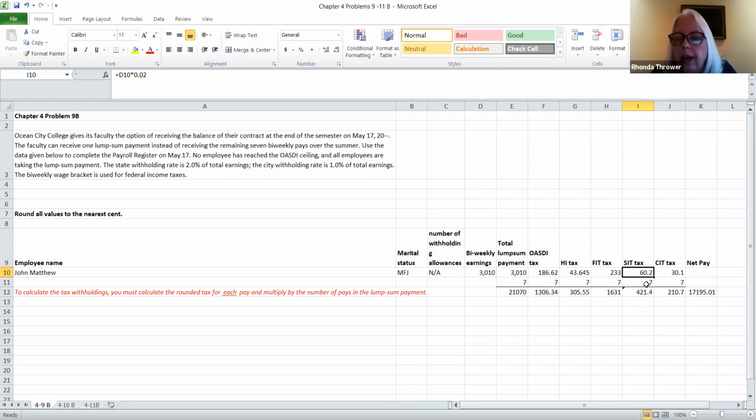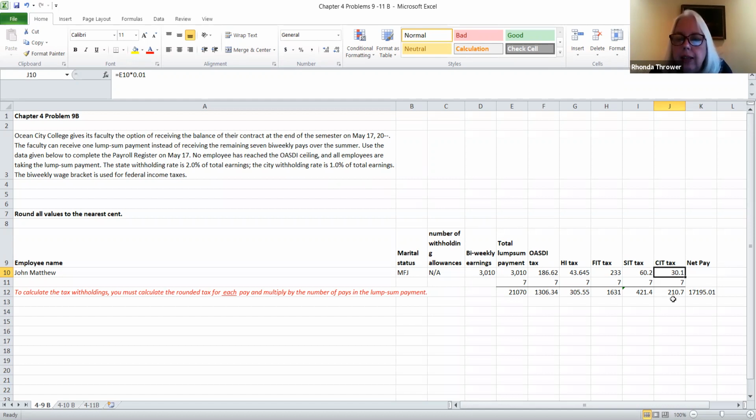We're going to multiply that by 7 pay periods to get a total amount withheld for the state income tax of $421.40. Your city tax was 1%, and it's 1% of $3,010, which will give you $30.10. We're going to multiply that $30.10 by 7 to get the total amount of taxes withheld.